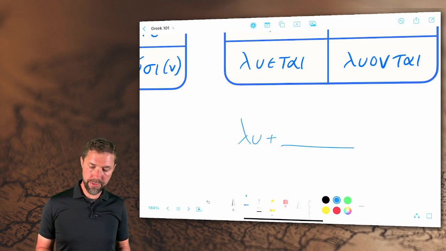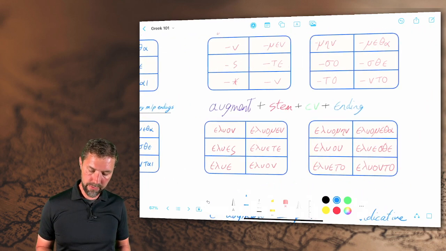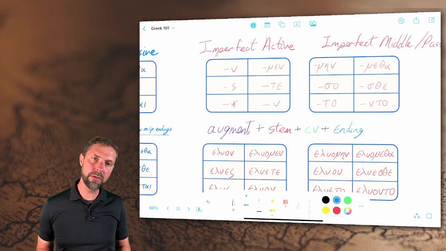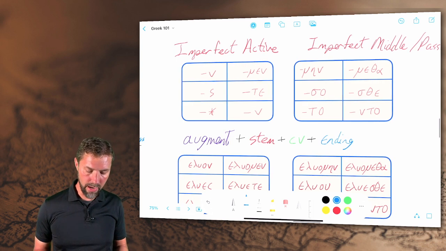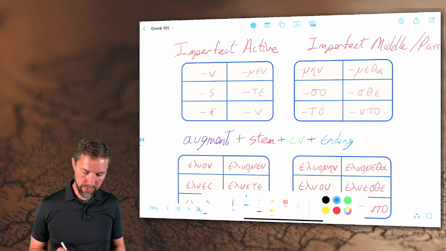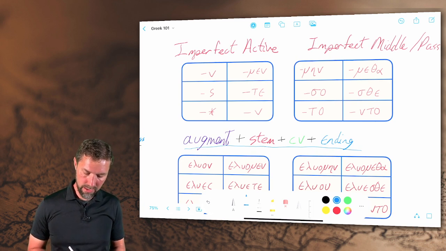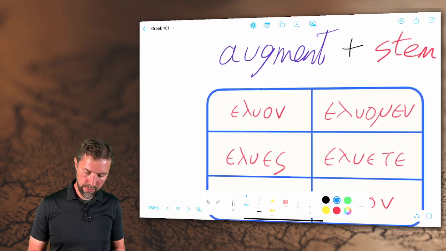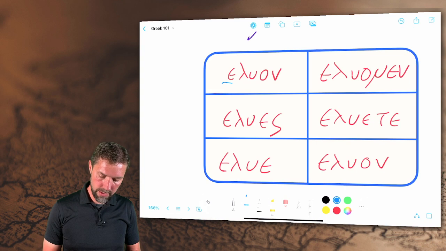I do a similar thing when I come over here to my imperfects. And in my imperfects, just to recall, as a review, we have the secondary active endings. If I put that into augment plus stem plus connecting vowel plus ending, augment is the letter that goes on the front of it, an epsilon, plus stem: augment, stem, connecting vowel, ending.